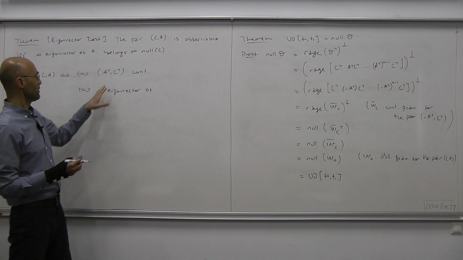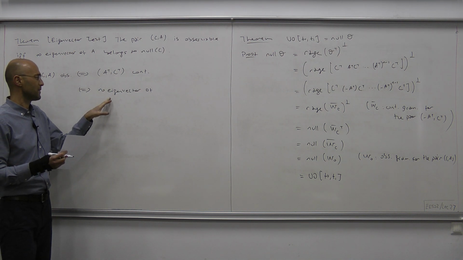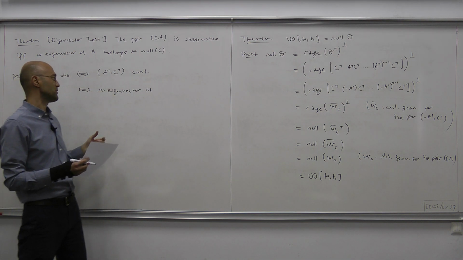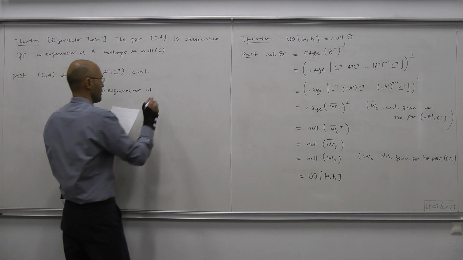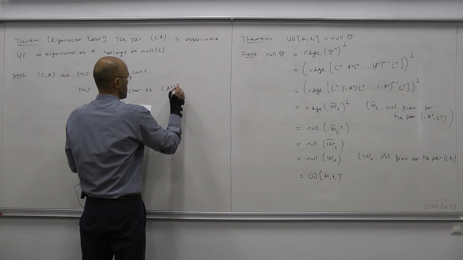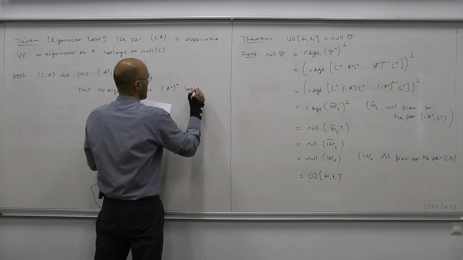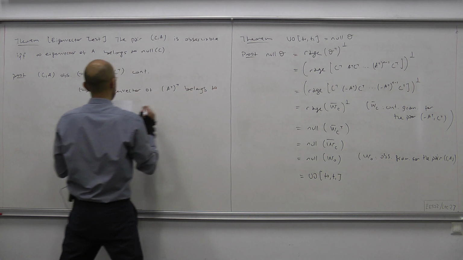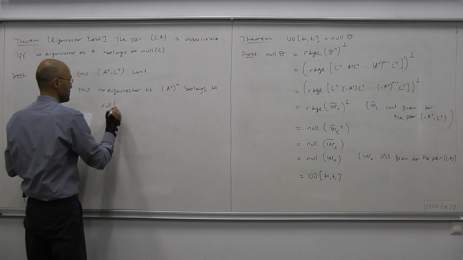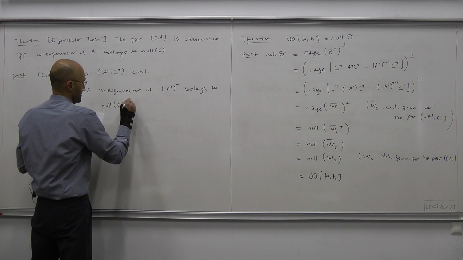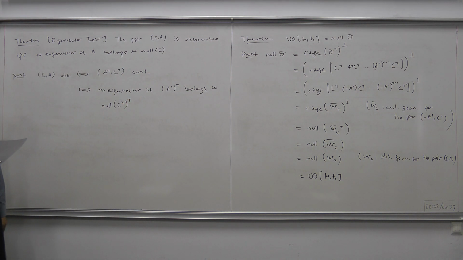Therefore let's rewrite that statement here. No eigenvector of A tilde transpose, which is A transpose transpose, belongs to the null space of B tilde transpose, which is C transpose transpose.